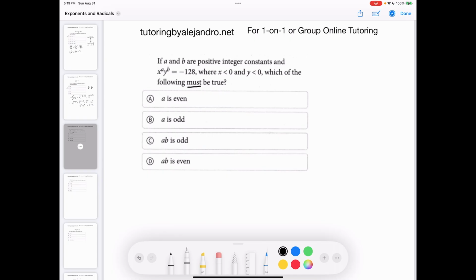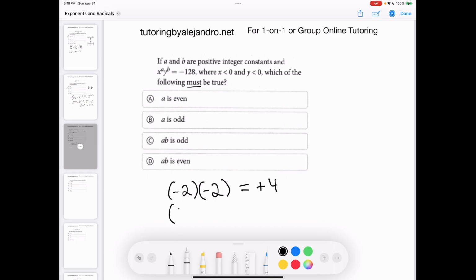So I have a negative number, okay? I have two negative numbers, right? Both x and y are negative. If you recall, if you have, let's say, a negative 2 times a negative 2, that equals positive 4.